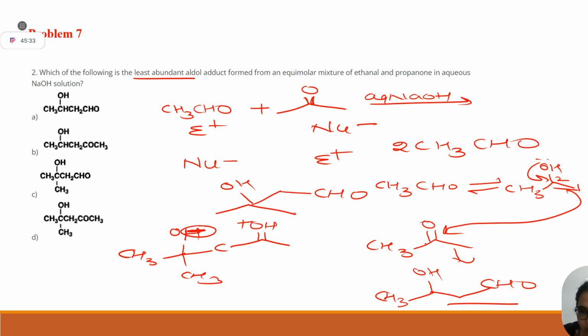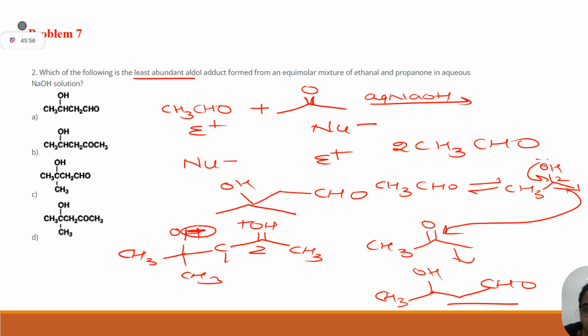CH3, this bond will break as plus and minus. Onto this plus, this enol will attack. It will form like this. This is your carbon number 1, and this is your carbon number 2. Now Dipali, understood?